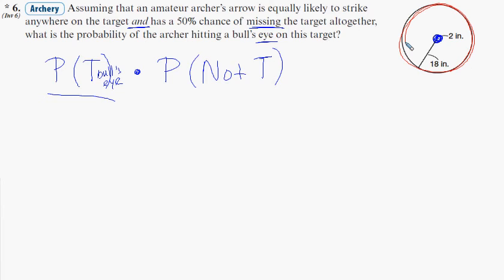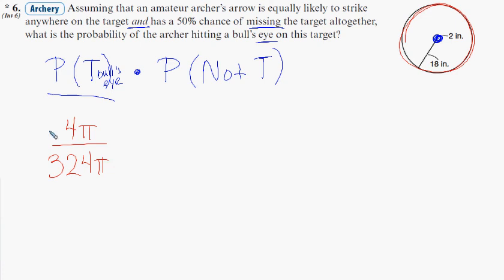So our area for the bullseye is going to be, because our radius is 2, our favorable is going to be 4 pi, because it's pi r squared, right? And our total is going to be 18 squared, which is 324 pi. So this fraction right here, 4 pi over 324 pi, is the probability of hitting the bullseye, all right?